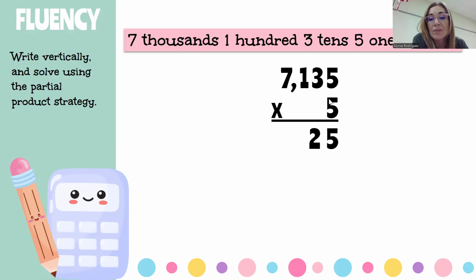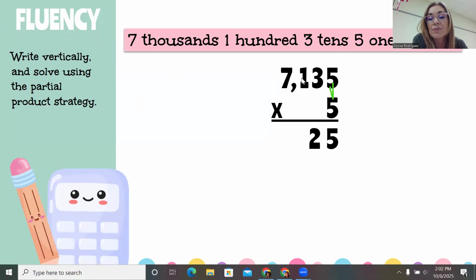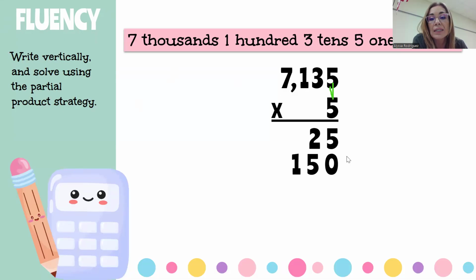All right, so 5 times 5 is 25. So that's how we got the answer. Now we're going to move on to our 3 times 5. 3 times 5 is 15. Add a 0 at the end because we got to put space in the ones place. Then 5 times 1 is 5. It does go there because it's a 5, not 15, which had 2 digits in it.